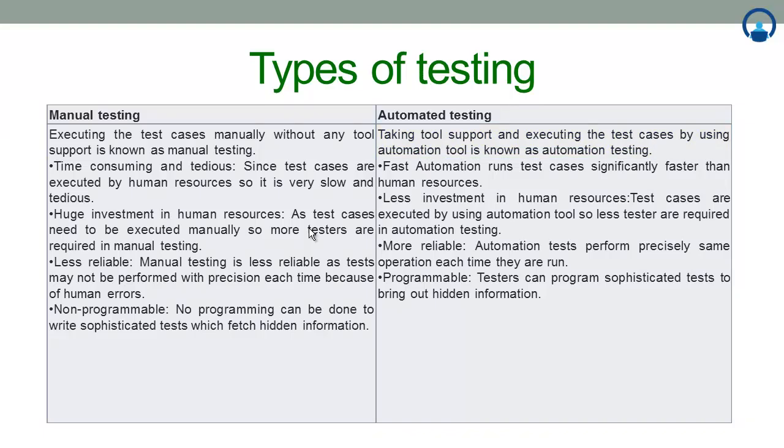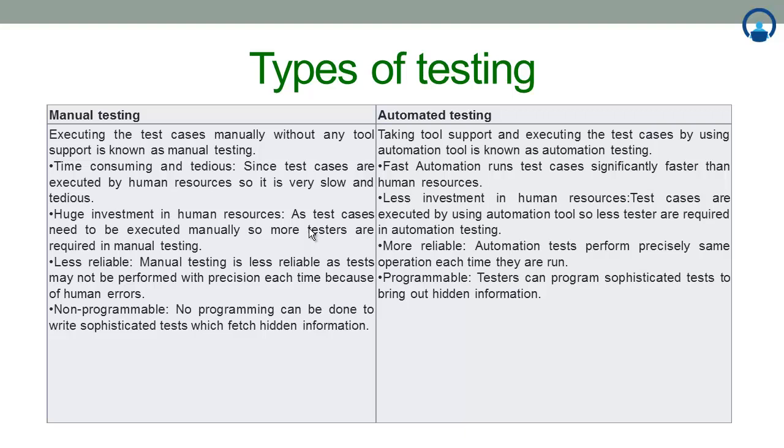Manual testing is time consuming and tedious. Since the test cases have to be executed by humans, it takes more time. On the other hand, automation testing runs the test cases significantly faster than human resources, since the testing is done via automation tools.